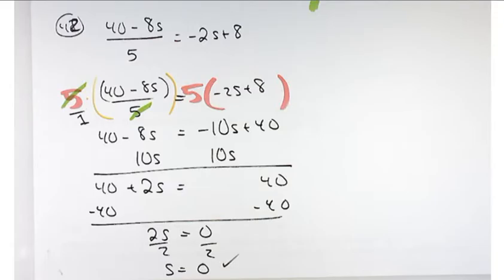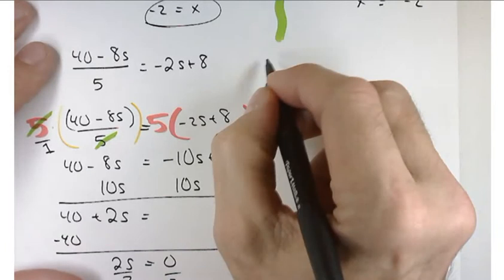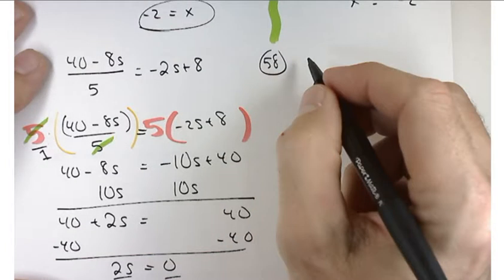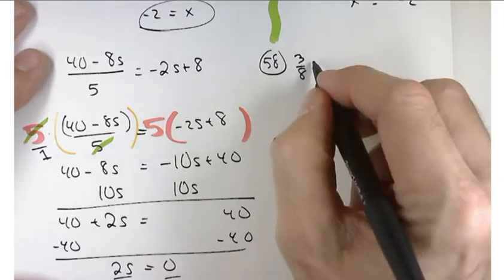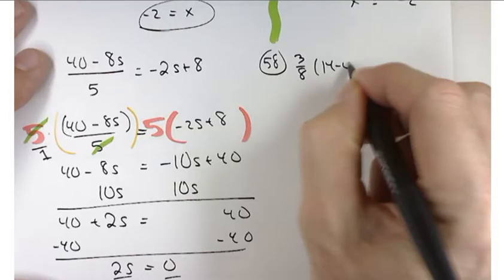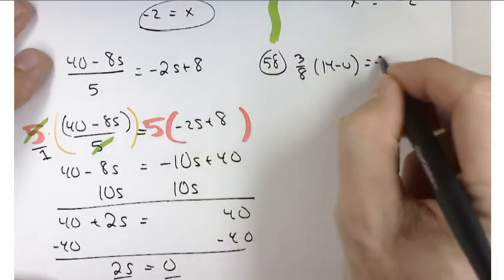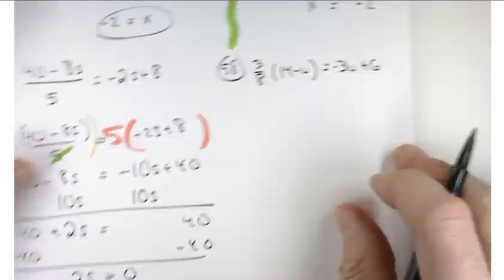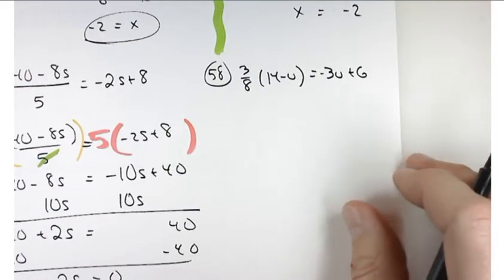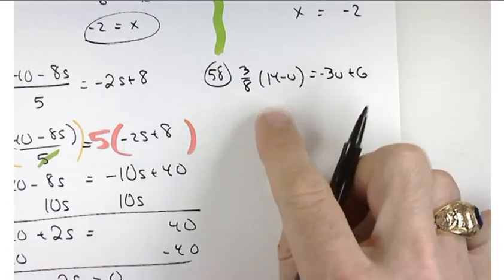Let's try 58. Three-eighths times 14 minus u equals negative 3u plus 6. All right, so some more fractions.